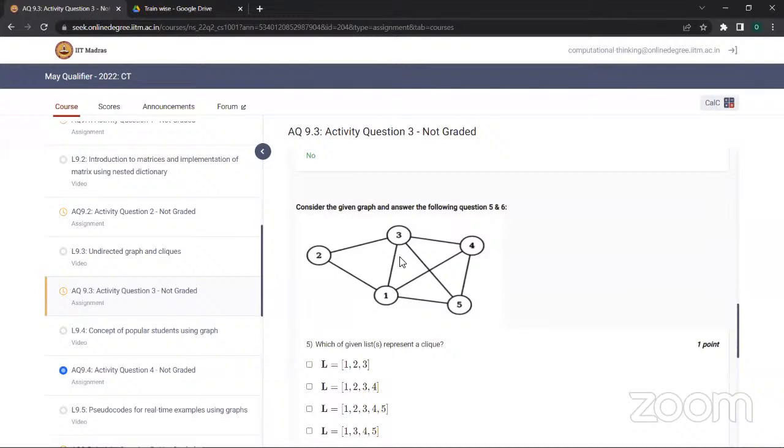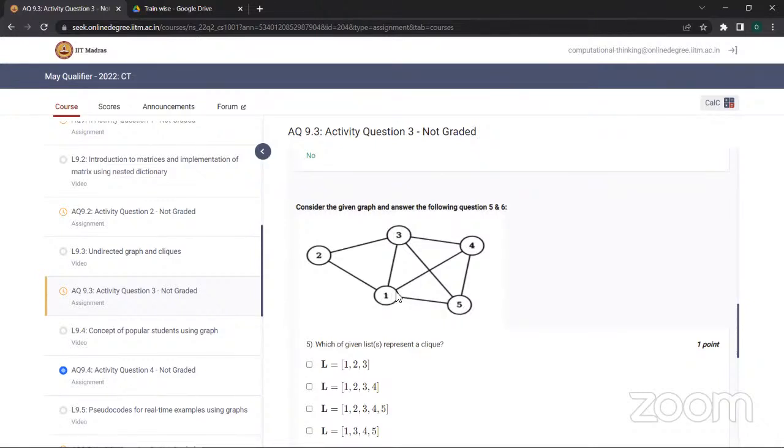Three edges, because it has to be connected with every other vertex. So if there are 4 vertices, one should be connected with n minus 1 vertices, which is 3. This one will have n minus 1, this one will have n minus 1, this one, and this one. So that is n into n minus 1.